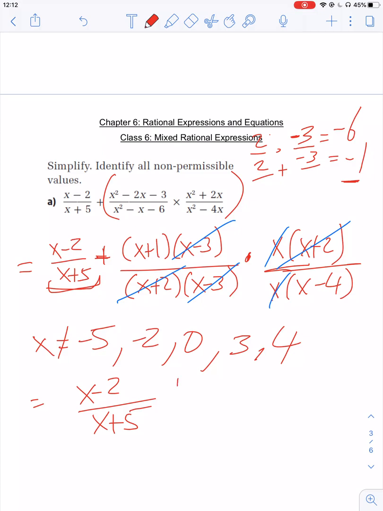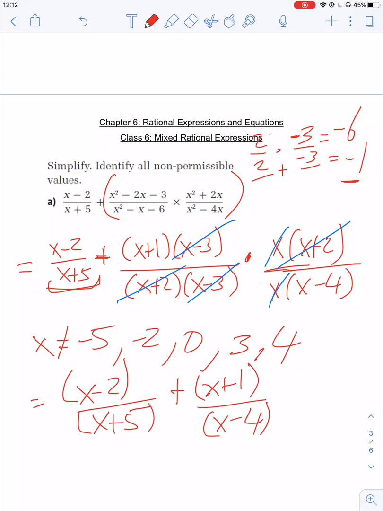And over here, x plus 1 survives in your numerator, so you're going to have x plus 1, and in your denominator, x minus 4 survives, right? And just to avoid any confusion, just put brackets, okay? Just put brackets so that you don't make any silly mistakes, okay? So I'm just going to put the bracket over here.